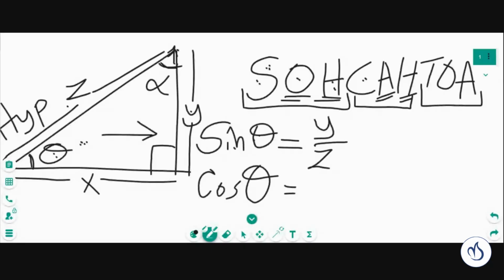Adjacent is the line in between the hypotenuse and that angle. Since I'm dealing with angle theta, theta is made by the hypotenuse, of course, and this side. So this side here becomes my adjacent. I can say cos of theta is adjacent X over hypotenuse Z.